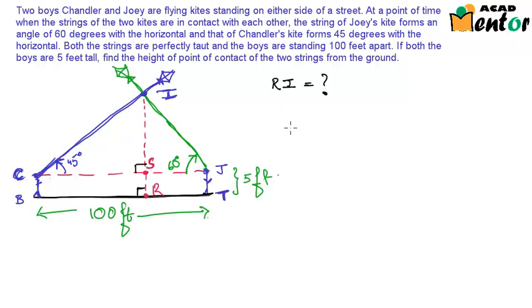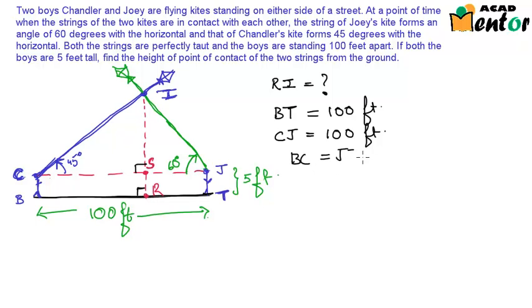We are also given the length of BT is equal to 100 feet. Now we know BT is equal to CJ, so CJ is also equal to 100 feet. And the height of the boys, that is BC, is equal to JT, that is equal to 5 feet.